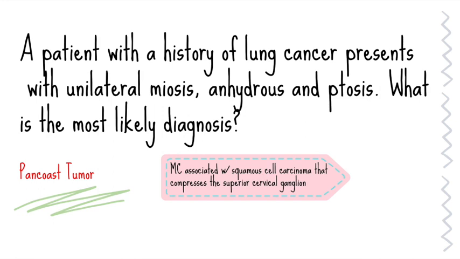Whichever one is presented as an answer choice, then that would be the answer. Of course, on exam day, they would not be so nice. But it's important to note that this is most commonly associated with squamous cell carcinoma that compresses the superior cervical ganglion.